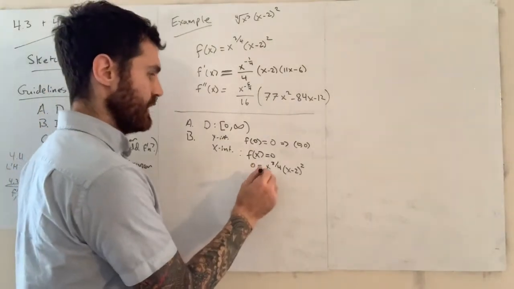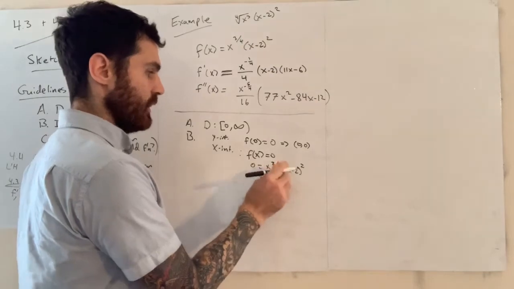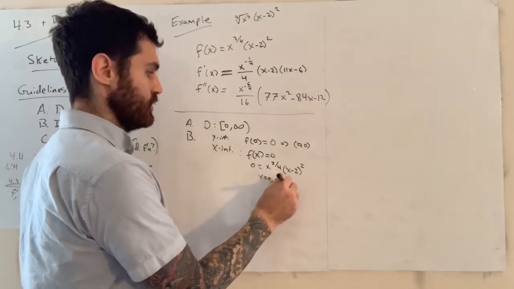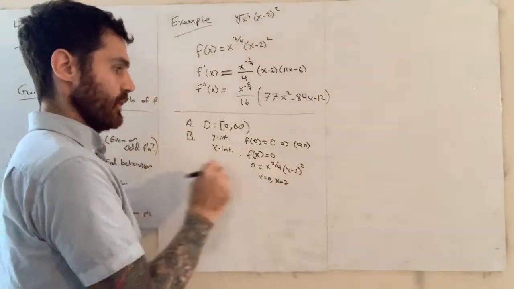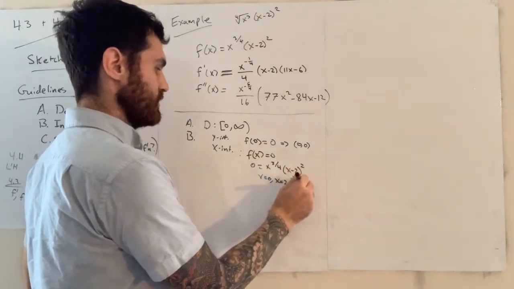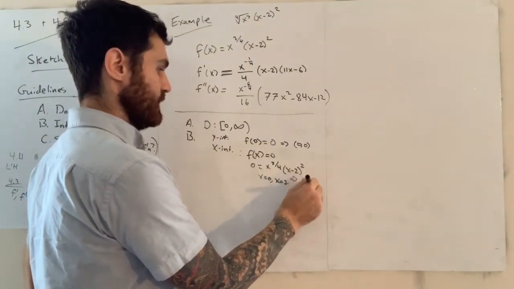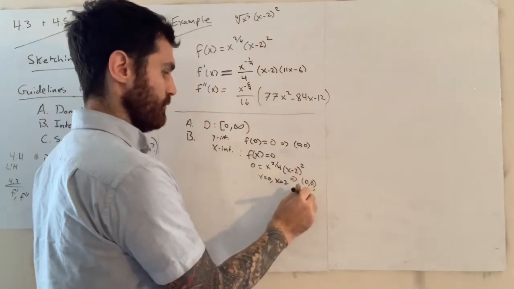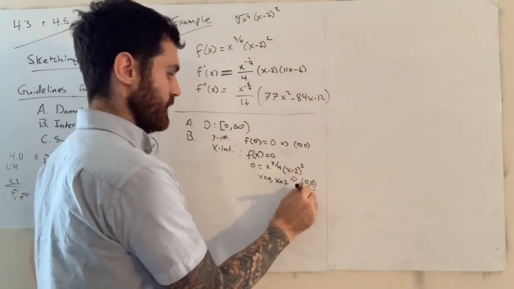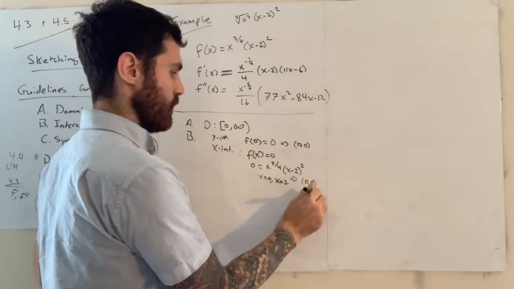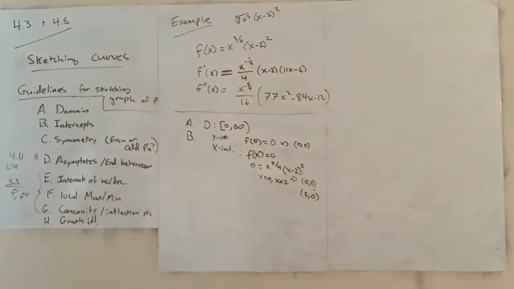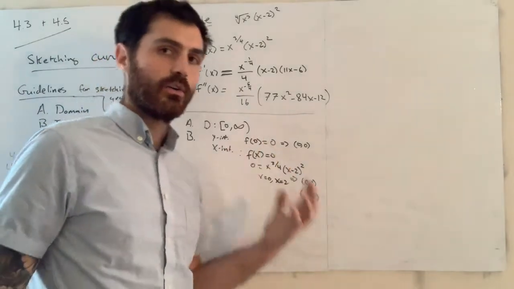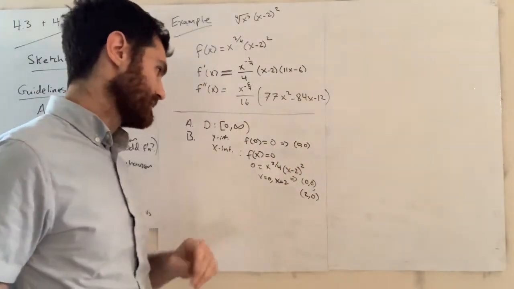Well, that tells you that x can be 0. x could also be 2, and that'll make your function 0. So that tells you that the x-intercepts are the points 0, 0, which we actually already knew about, and the point x equals 2, y equals 0. So those are going to be the points where it touches the x-axis.